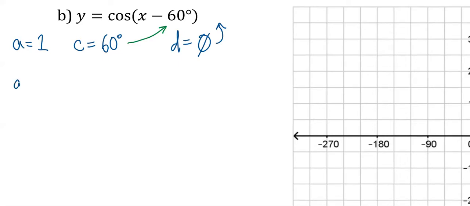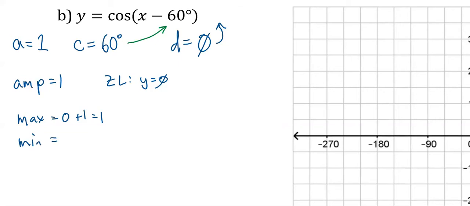So my amplitude is 1. My 0 line is y equals 0. My max is 0 plus 1, which is 1. You don't have to write that out every time, 0 plus 1. You can just say max equals 1. Min equals 0 minus 1, which is negative 1.